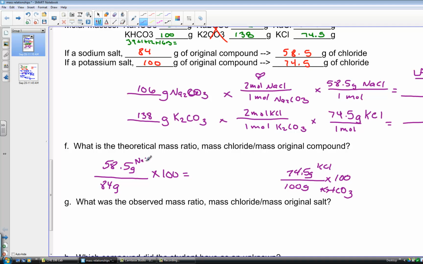This would have been NaCl over NaHCO3. And these are just molar masses. So theoretical, use molar mass. And so we can hit that, see what we find. 58.5 divided by 84. Let's express it as a percent. That's easier. That's what, 69.6%?